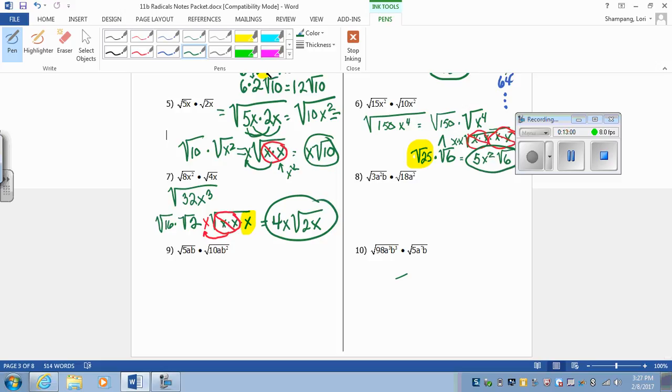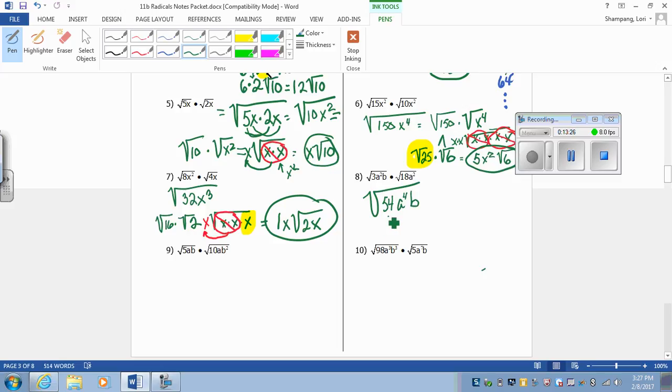Number 8, again, this is all multiplication underneath the radical, so let's just draw one big radical sign. Oops. This is too big. Okay, whoops. So 3 times 18 is 54. A squared times a squared is a to the fourth. And then we just have this b to the first all by himself.